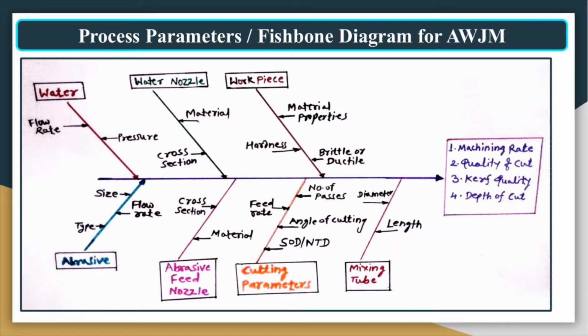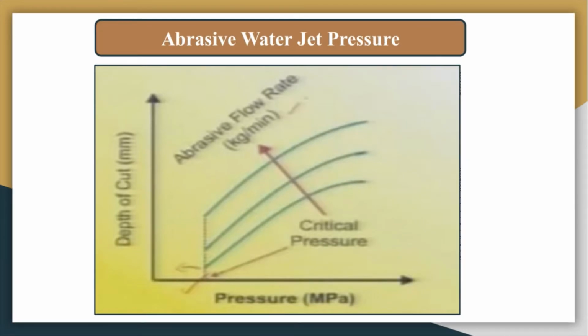Now let us discuss the effect of pressure on depth of cut. As you can see in this figure, there is a point written as critical pressure. This is the minimum pressure; unless the kinetic energy of the abrasive particle crosses the critical pressure, it cannot penetrate inside the workpiece surface, and that is why you can see there is no cutting in this zone, the region before the critical pressure is reached.